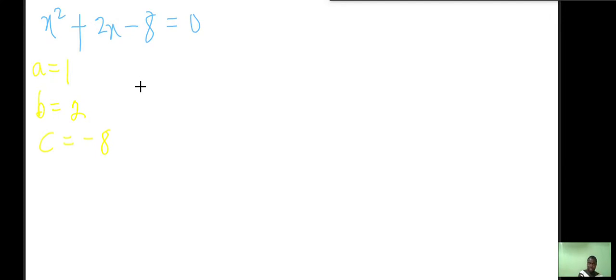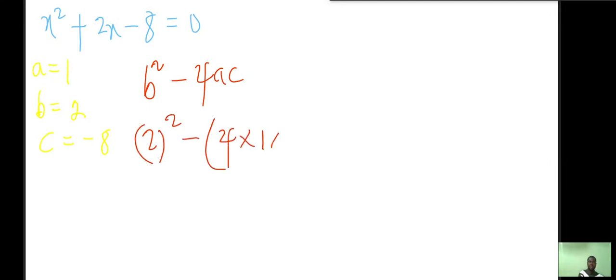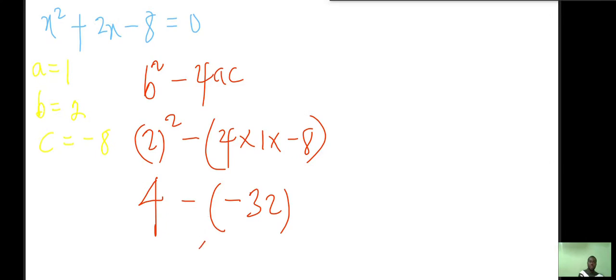b squared minus 4ac, b is 2, so that's 2 squared minus 4 times 1 times negative 8. 2 squared is 4, minus times minus 8 times 4 is 32. You do this, you have 36. This number is greater than 0.